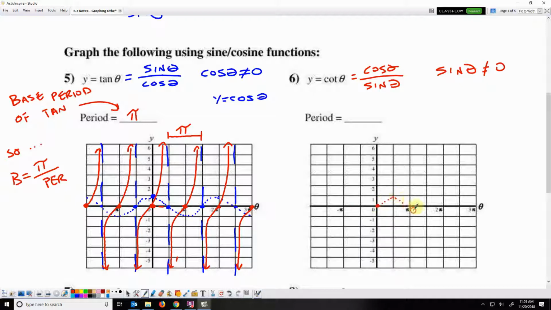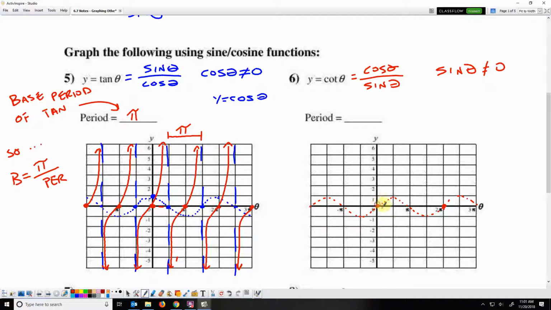So up and down and back, and right there is one cycle. Up and down, there's another half cycle. And then to the left, down and up and back. So there's another cycle.